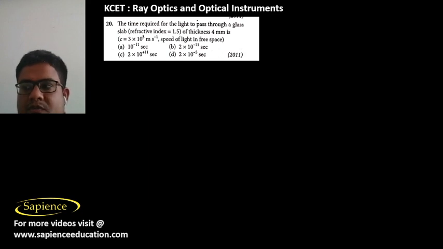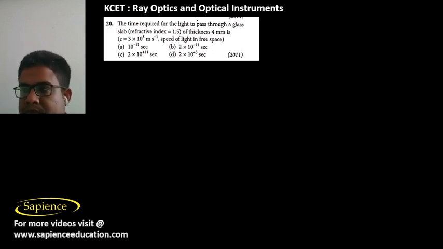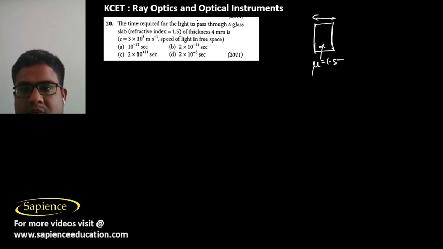It has been told: the time required for the light to pass through a glass slab having refractive index equal to 1.5 of thickness 4 millimeter, is... c equal to 3 into 10 power 8 meter per second, speed of light in free space.